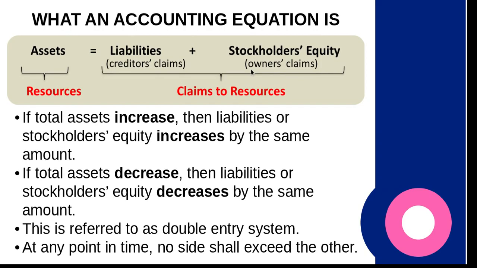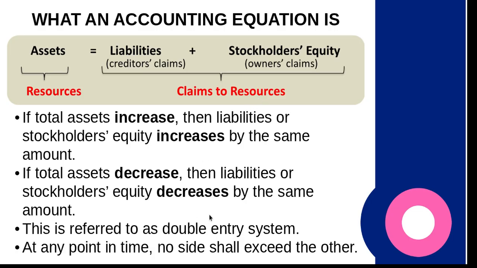So whatever happens to one side must happen to the other side. So if total assets decrease, then liabilities or stakeholders equity too must decrease by the same amount of money. So if we reduce this place with 200 naira, we must reduce either this liability or the stakeholders equity too with 200 naira, so that the accounting equation will balance.